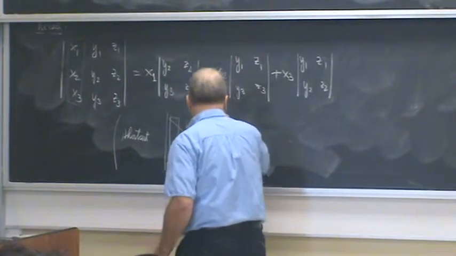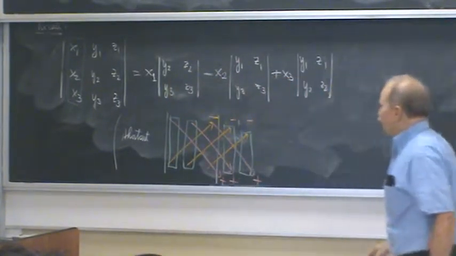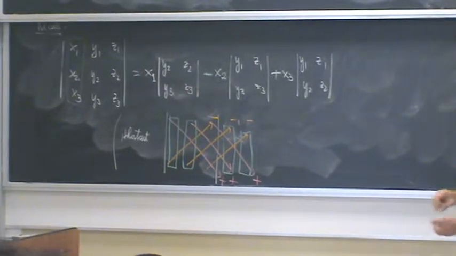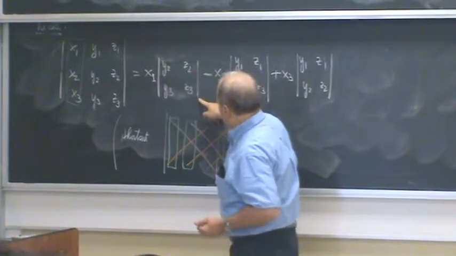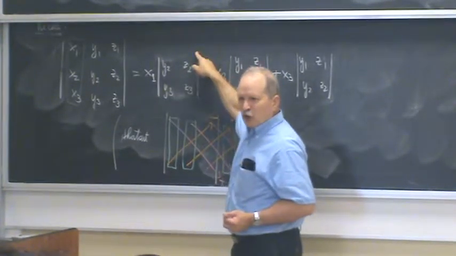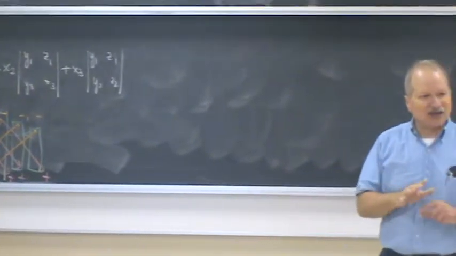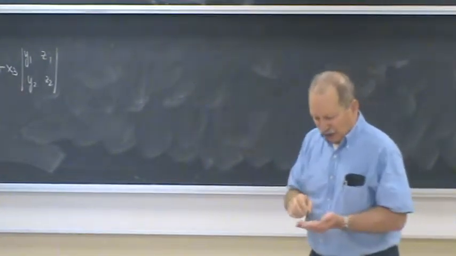Well, I don't know what's meant by to the left. That's going up to the right, but those give you negatives. So this generalizes the idea of a 2 by 2 where you do plus there and minus there. The warning for those of you who are tempted is it will not work in higher dimensions. So when we get to higher dimensions next semester, don't try to do this, it won't work.